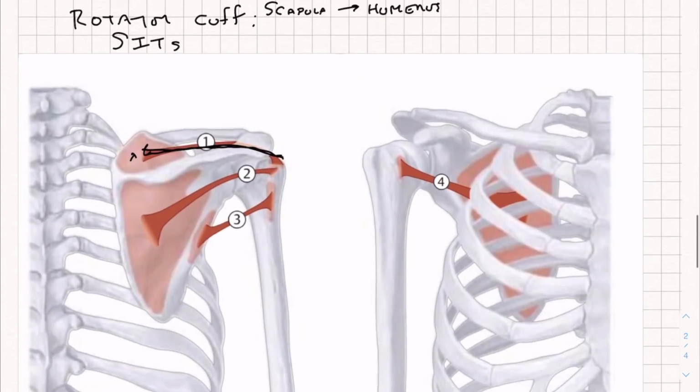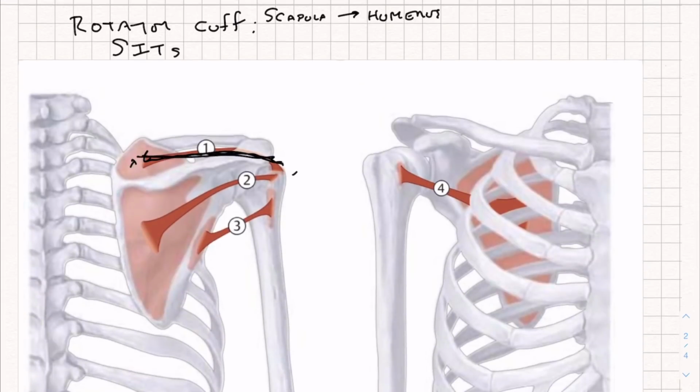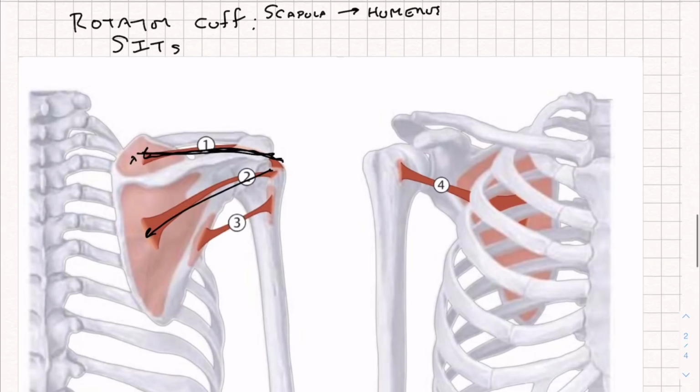Its function, so this is not on the top, so it cannot cause that humerus to go out of the body or away from the body. This one is more going to be pulling like this, which is going to cause the humerus to rotate like this. So if this is anterior, it's going to rotate like this.